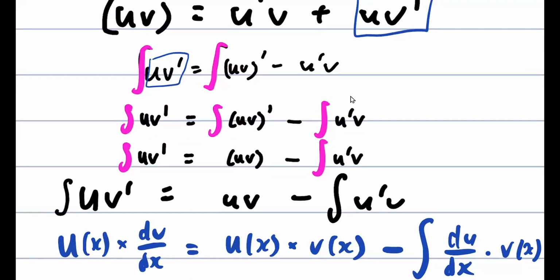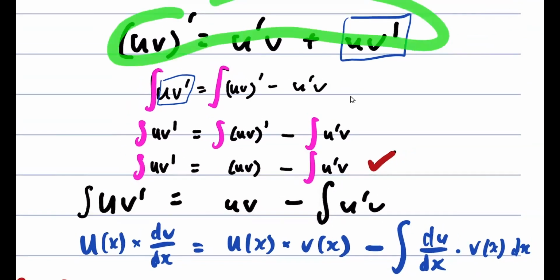Oh, I forgot the integral sign. Actually, that's it. That's all. This is the integration by parts formula already. It starts from the product rule, and then you integrate both sides.